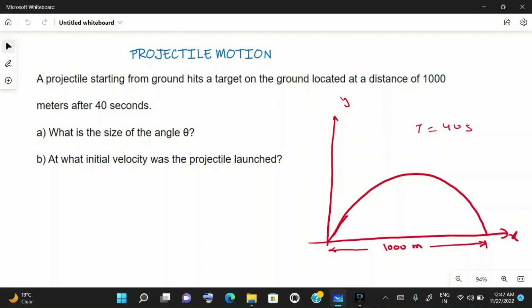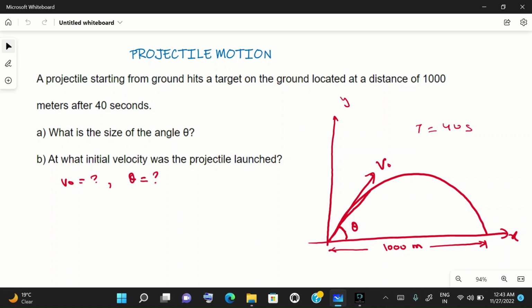We have to find, suppose this is how the particle was thrown, so this is angle theta. We have to find what is the size of angle theta, and at what initial velocity was the projectile launched. This is the velocity v0, so we have to find v0 and we have to find theta.